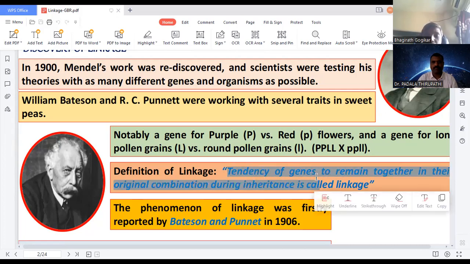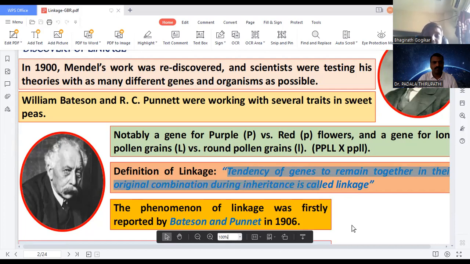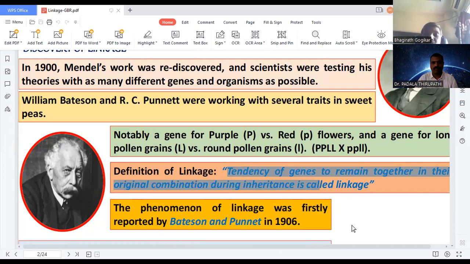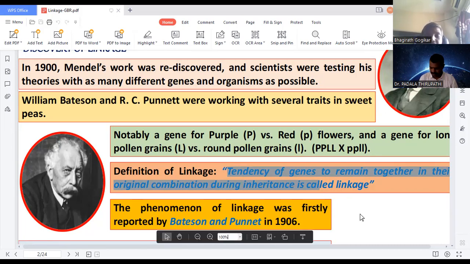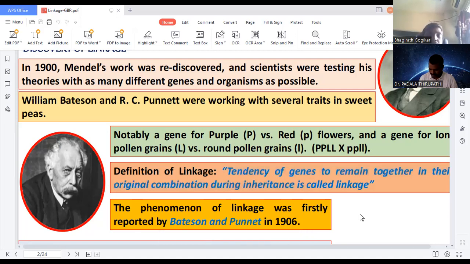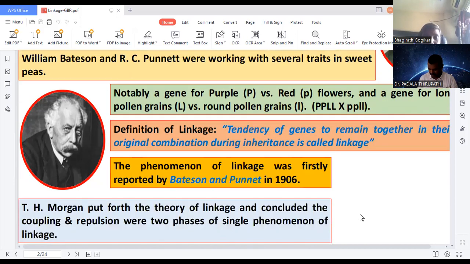The tendency of genes to remain together in their original combination during inheritance is called linkage. Before going to the linkage phenomenon, note that all genes are arranged in a linear fashion in the chromosome. The phenomenon of linkage was first reported by Bateson and Punnett in 1906.